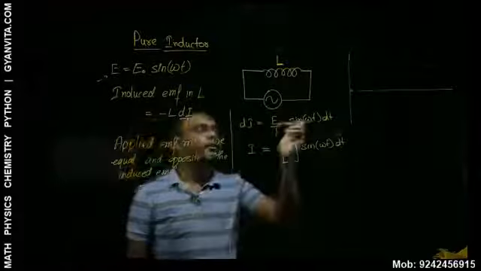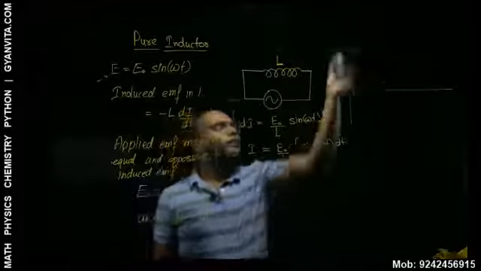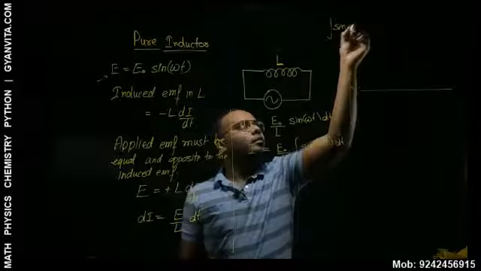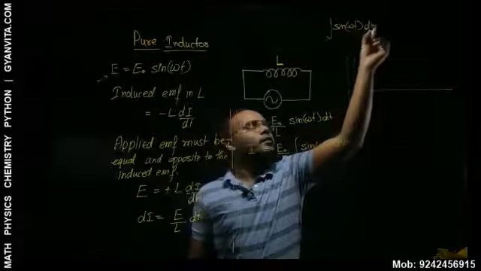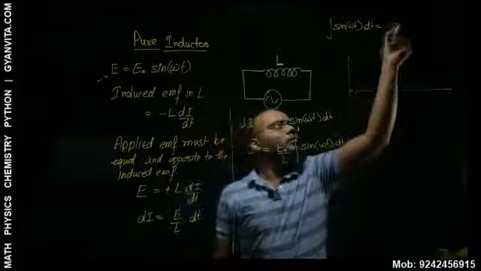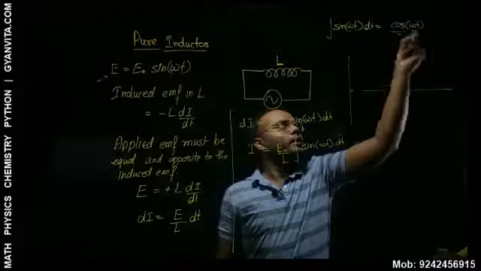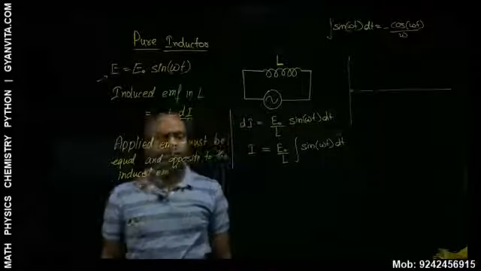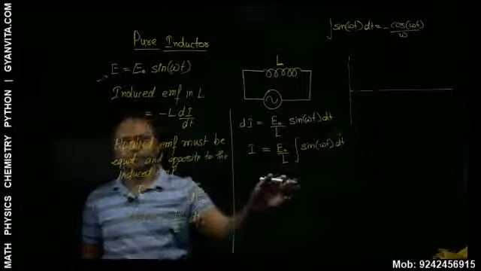Now what will be the integration of sine omega t dt? It will be equal to minus cos omega t divided by omega, right?